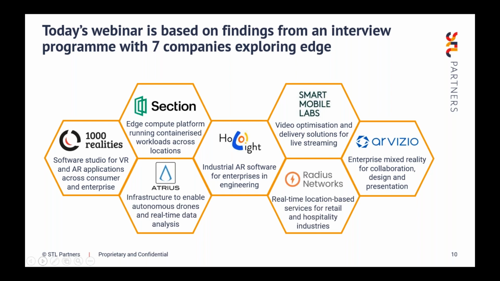The last two companies, Atris is an infrastructure developer who's developing a solution to enable the autonomous drone navigation market, and allow a system to be realized where we can see drones move autonomously through the air and also collect and analyze that data from drones in real time. And then the last company is Radius Networks, who use real-time location-based information for solutions within hospitality mainly.